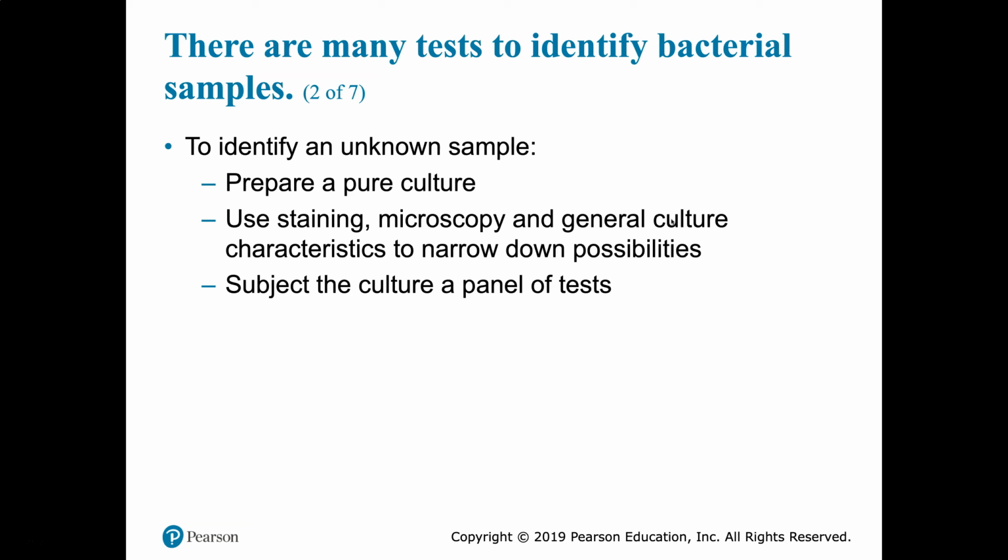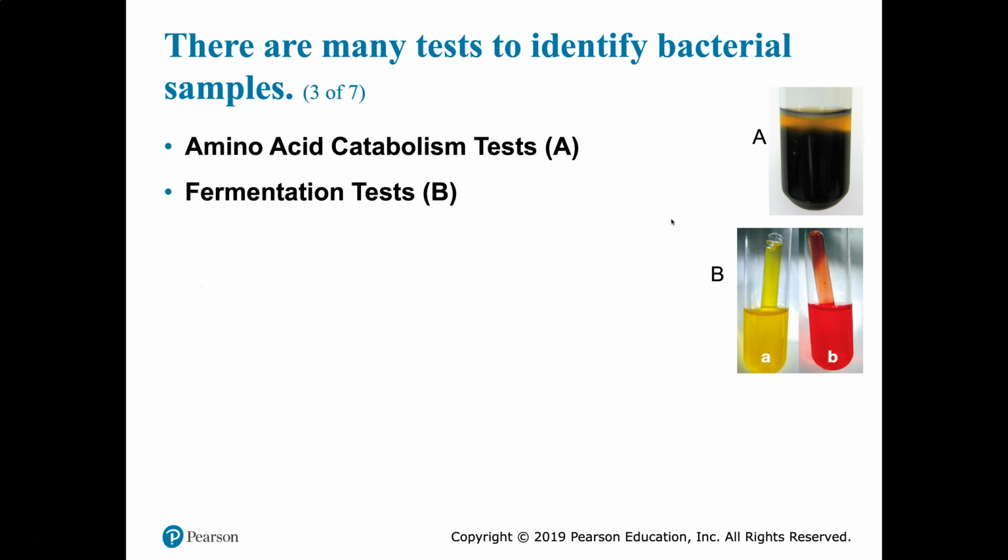There's lots of different types. And then we can use general characteristics to start narrowing it down, and then get into more specific tests. But we do need a pure culture to work with. Remember Koch's postulates, right? We have to get a pure culture to prove that it's that organism causing the disease.